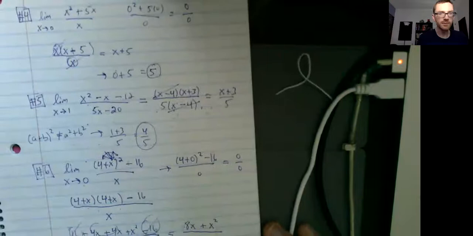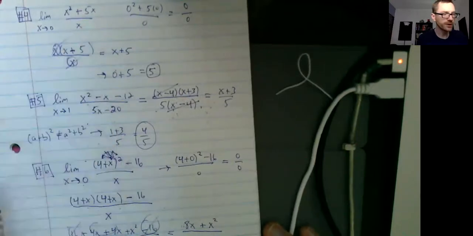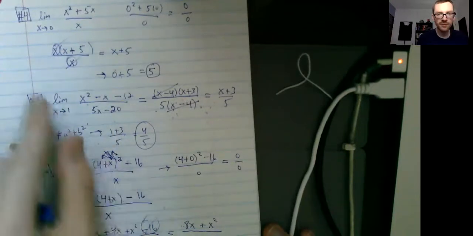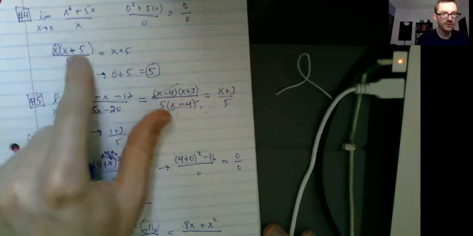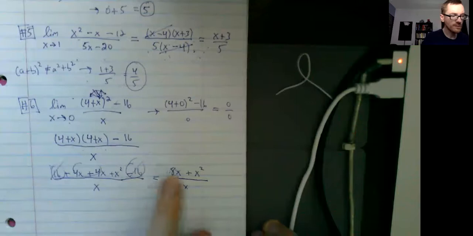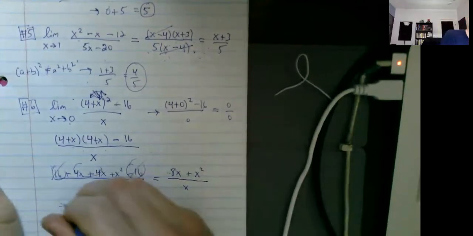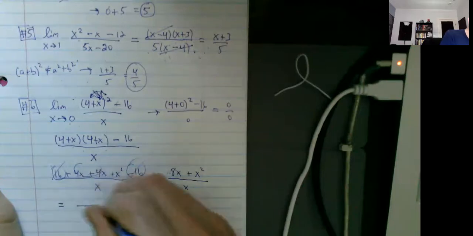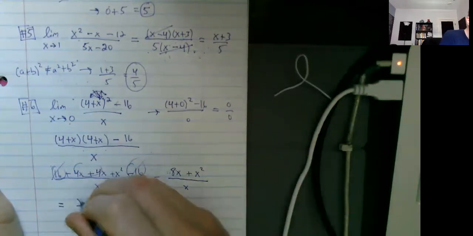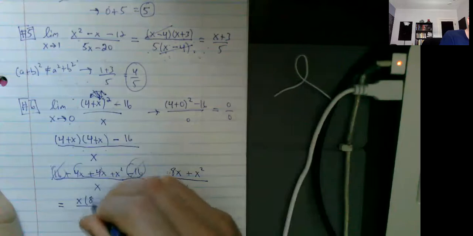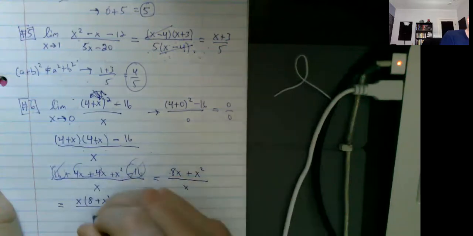Remember we did number 4 a second ago, x squared plus 5x over x. And remember the trick here was to pull out the common factor of x in the numerator. The same thing is happening here. We've got a common factor of x in the numerator that you can pull out. So if you do that, you're going to get x times the quantity (8 plus x), all over x.